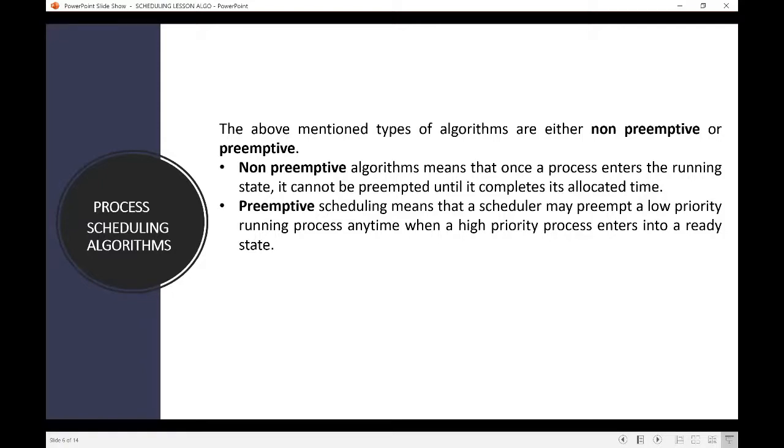So that one with a high priority will go in execution. Then the P1, which has spent 3 seconds, will be interrupted, will be put on the ready queue.